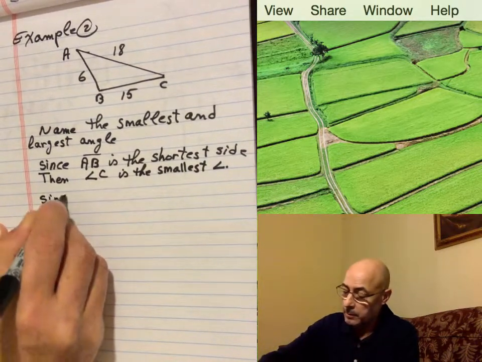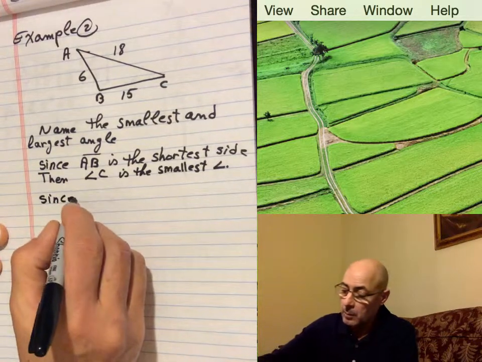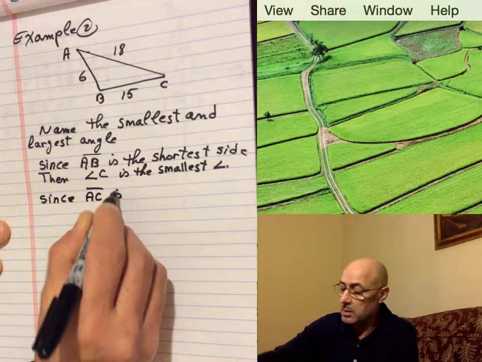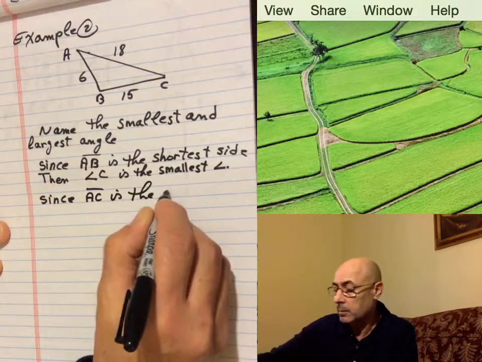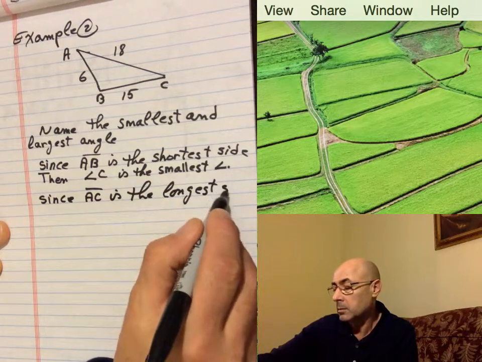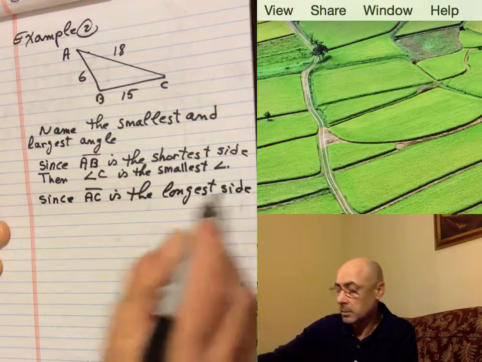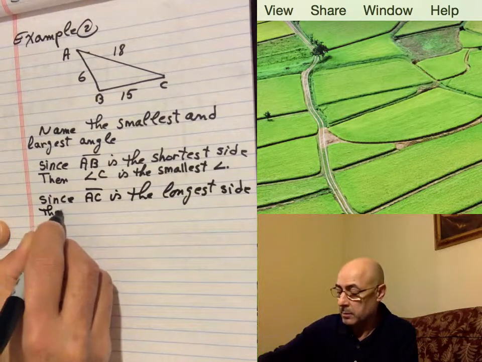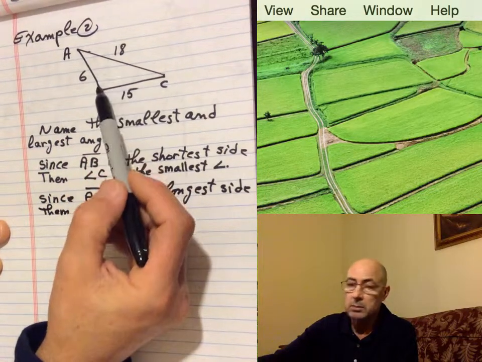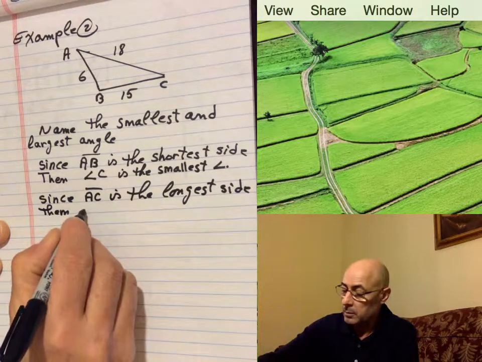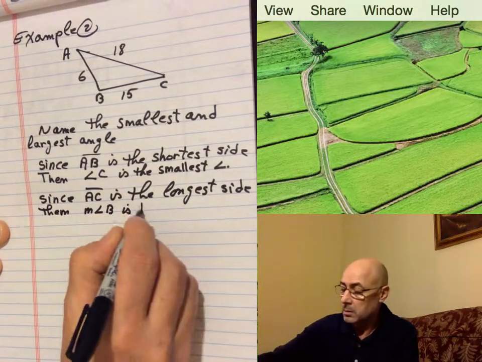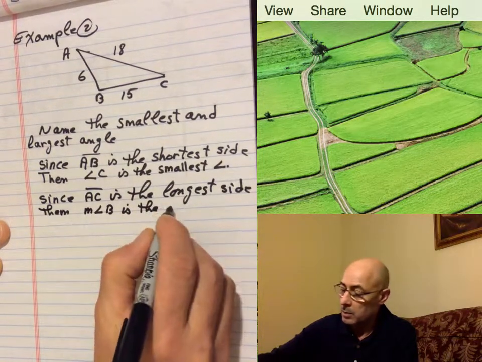Since segment AC is the longest side, then which angle is across from 18? Angle B. Then measure angle B is the largest.